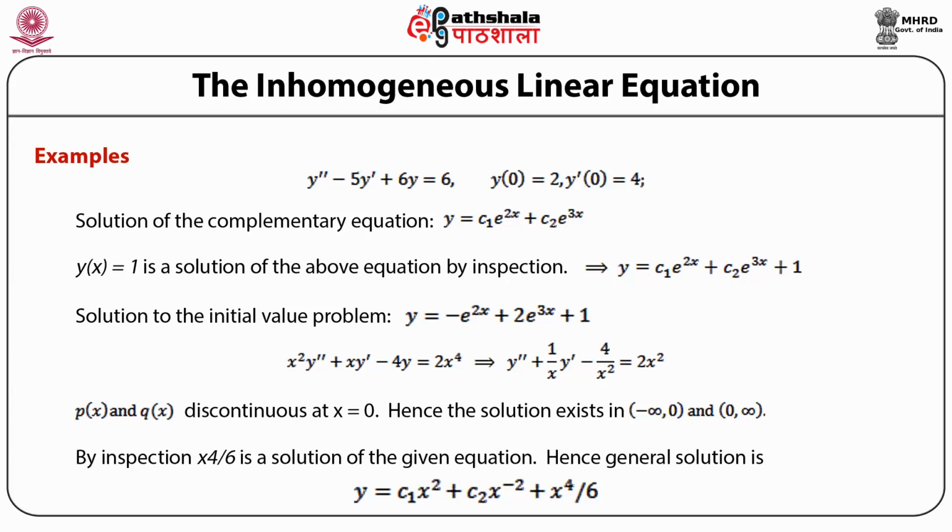So, the solution is to be found on minus infinity to 0 and 0 to infinity. By inspection, x raised to power 4 by 6 is a solution of the given equation. Adding to it the solution of the complementary equation, we obtain the general solution valid on minus infinity to 0 and 0 to infinity. Thus, y is equal to c1 times x square plus c2 times x raised to power minus 2 plus x raised to power 4 by 6.